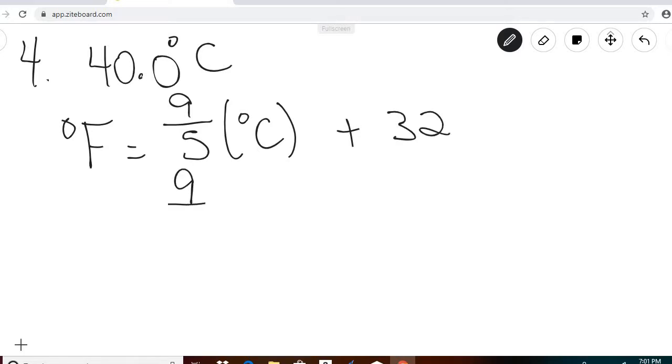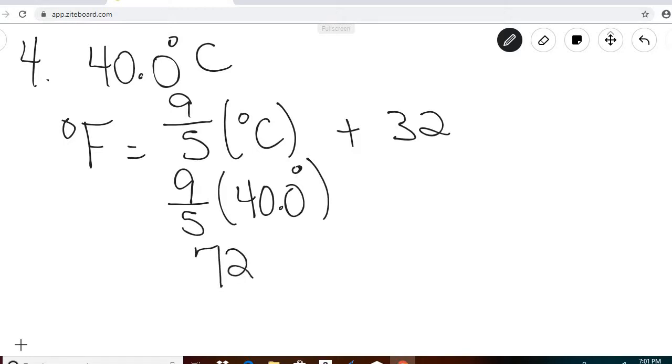Okay, so 9/5 times 40.0. So 9 times 40 divided by 5 is 72. And we'll need to make that 72.0 to get our significant figures, 3 significant figures.